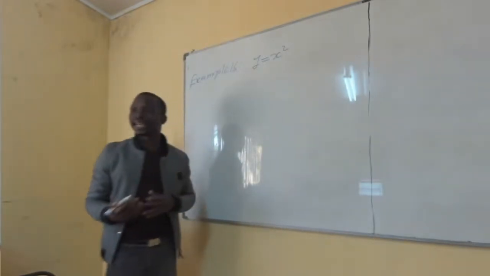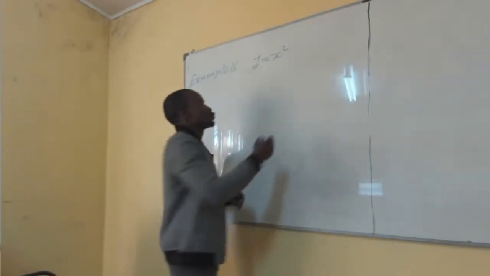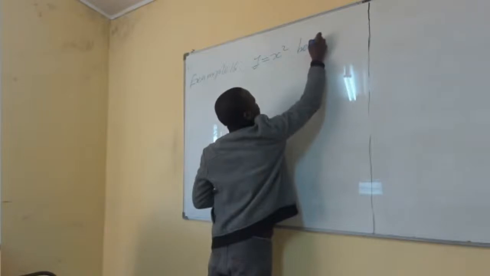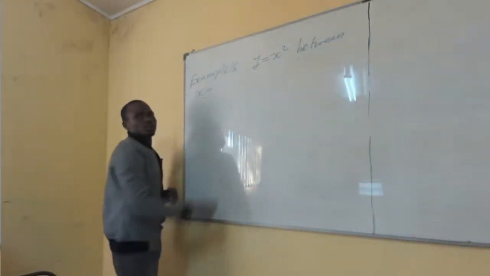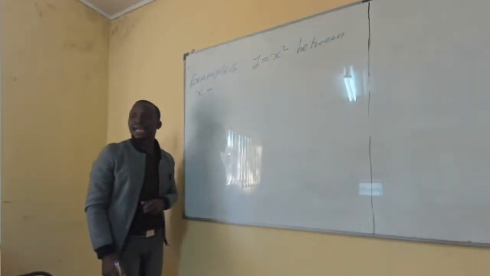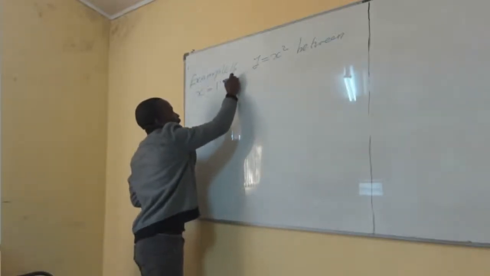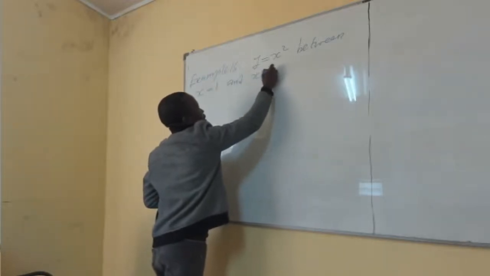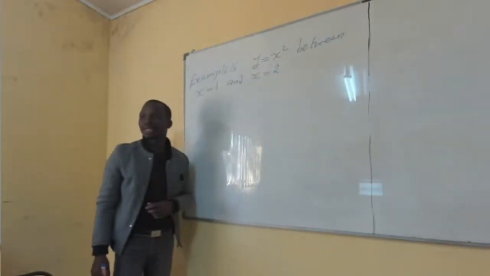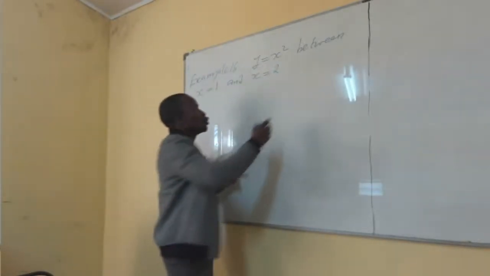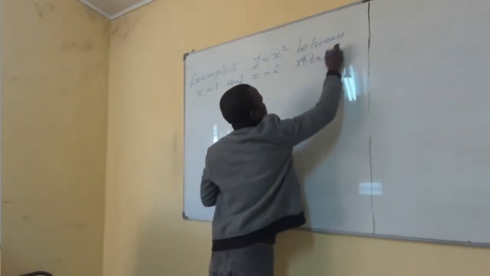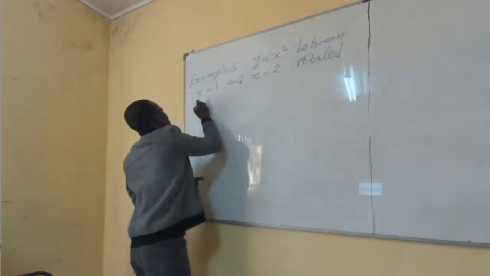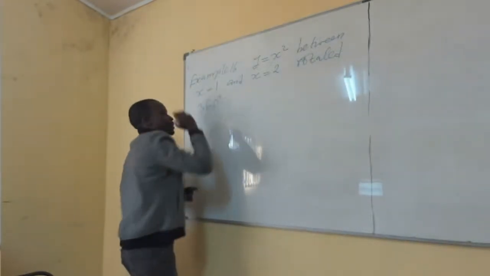So the portion of a curve y equal to x squared between x equal to 1 and x equal to 2 is rotated through 360 degrees.